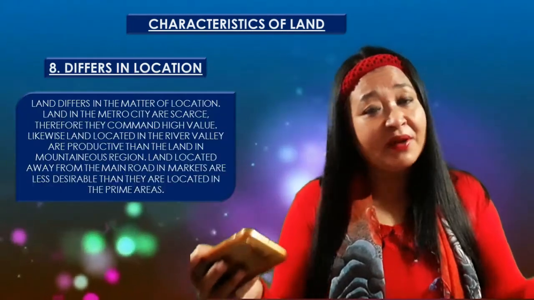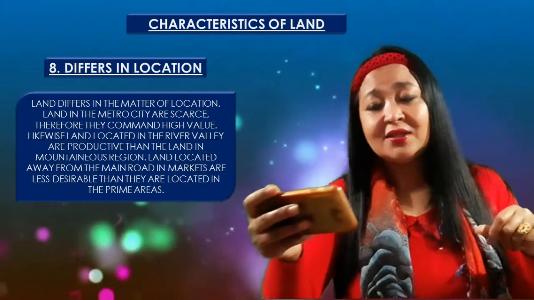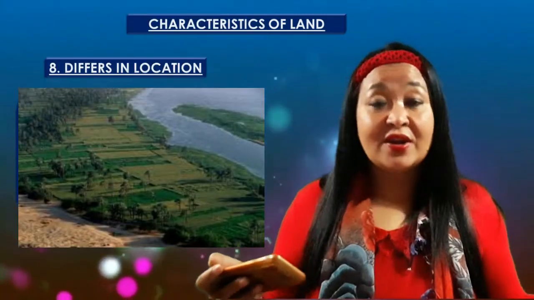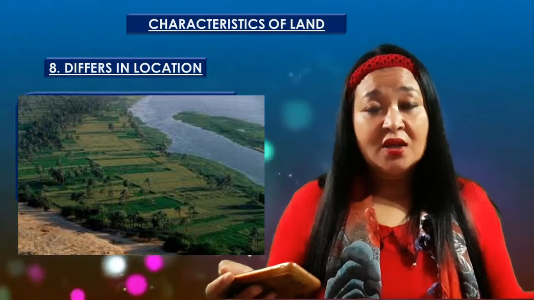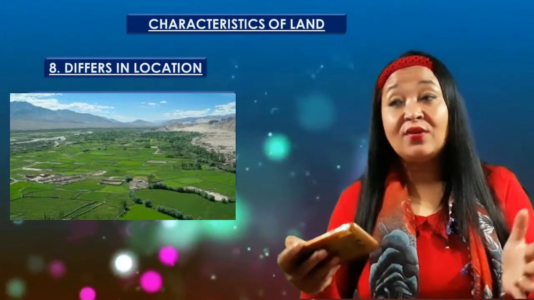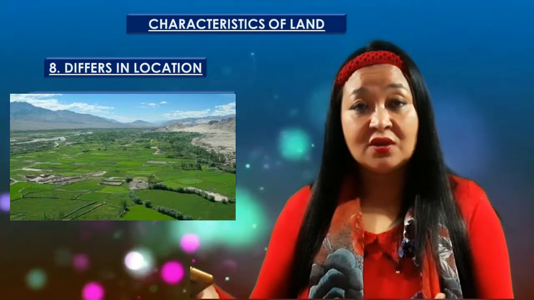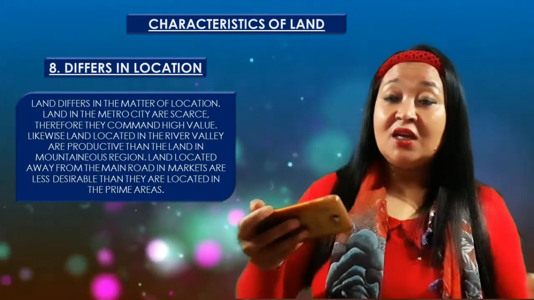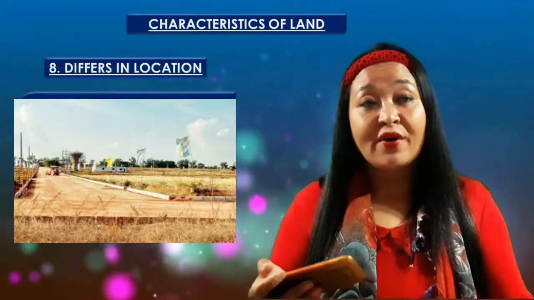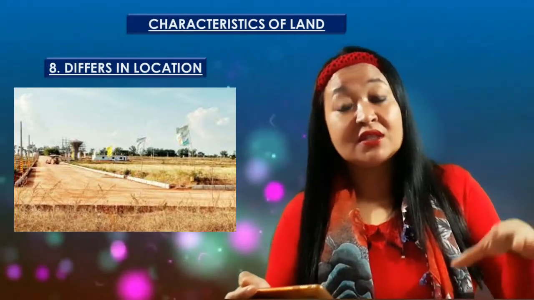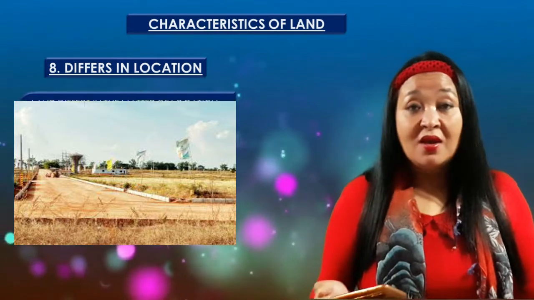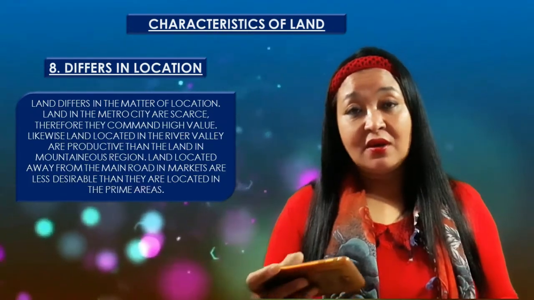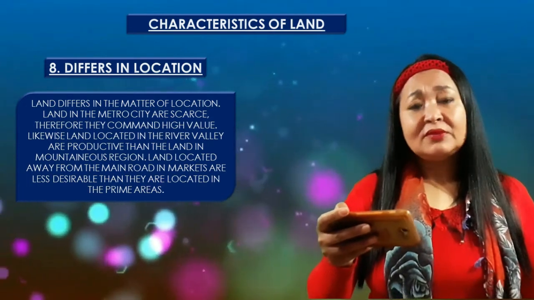Likewise, land located in river valleys is very fertile compared to land in mountainous regions. Likewise, a plot of land close to the main road or in the heart of the town or city is more desirable than land which is away from the prime areas. Understood? Well, that's it.